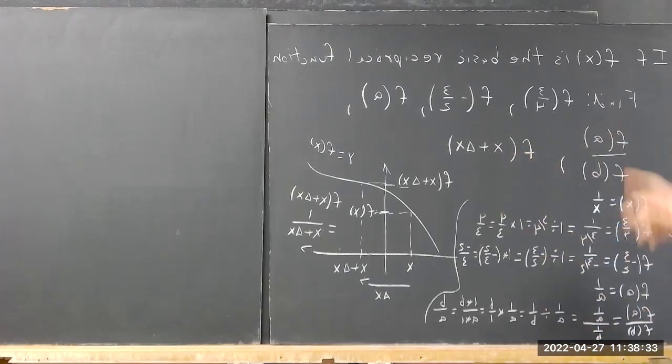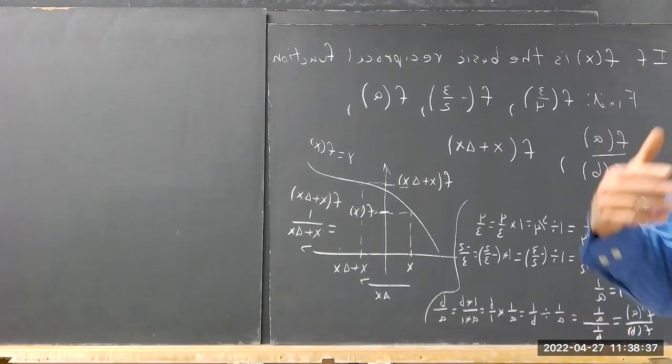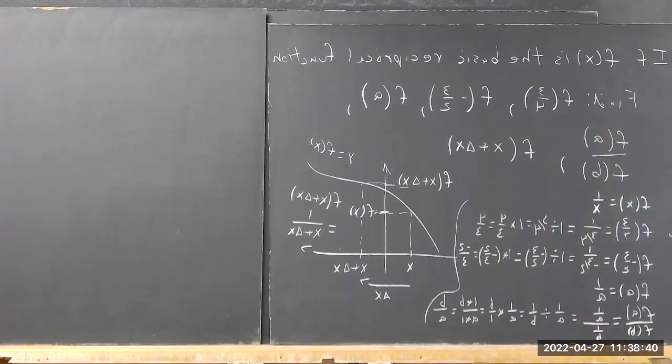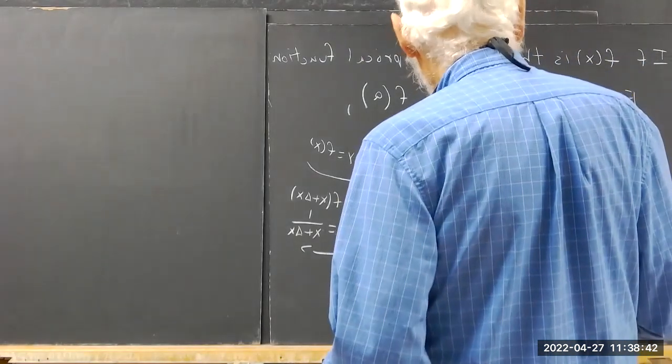Okay, now let me give you an example of why f of A over f of B is not equal to f of A over B, okay? Because I'll make the observation.